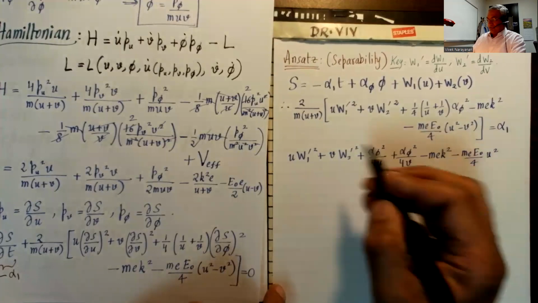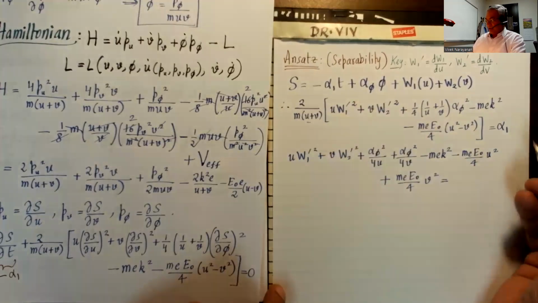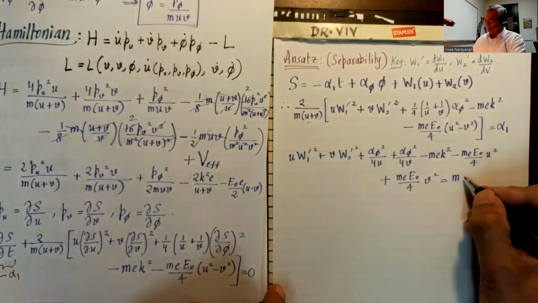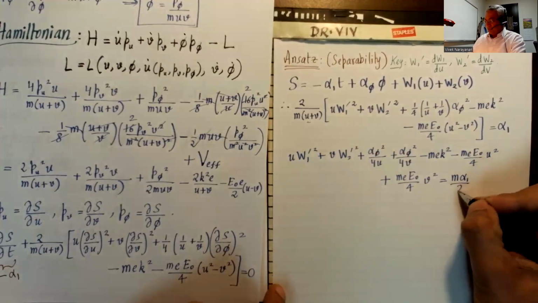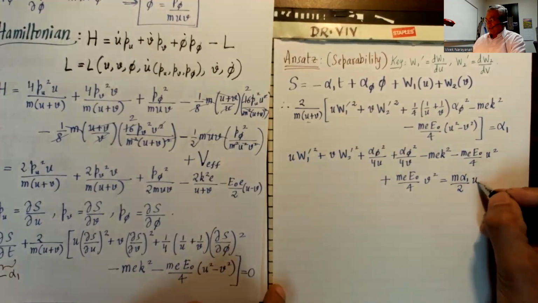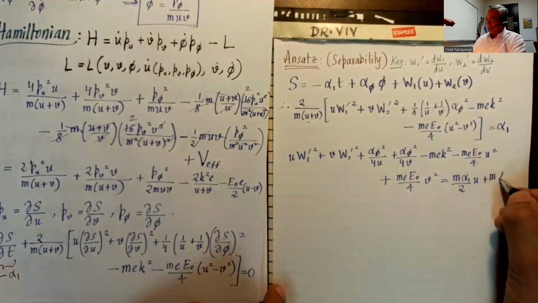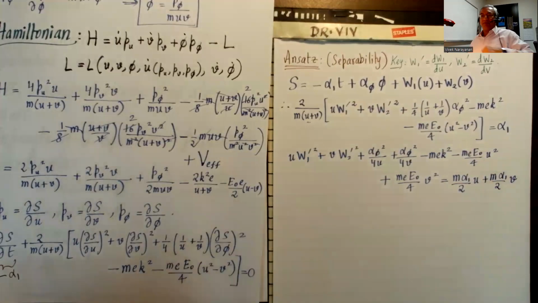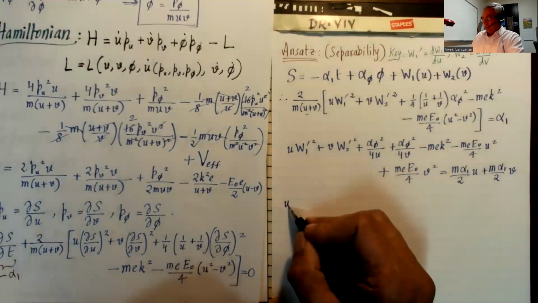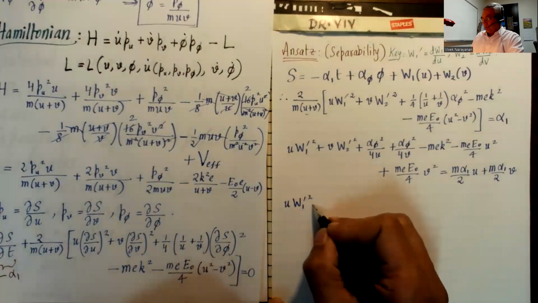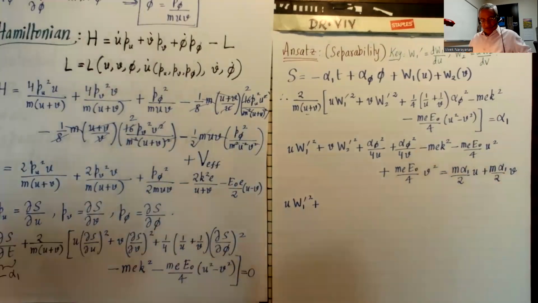And then I've taken out these things and brought it to this side. So I'm going to get m times alpha 1 over 2 u plus v, which I can write as u plus m times alpha 1 over 2v. The reason I am separating out to the atomic constituents is because now I can write all the things involving u on one side and all the things involving v on the other. So let's do that next. U w1 prime squared plus, I'll underline all the terms involving u with orange.